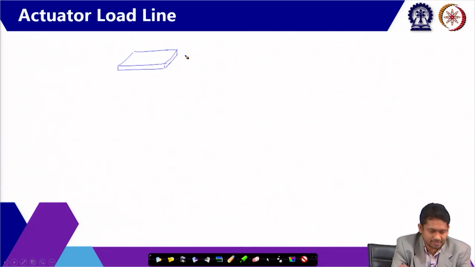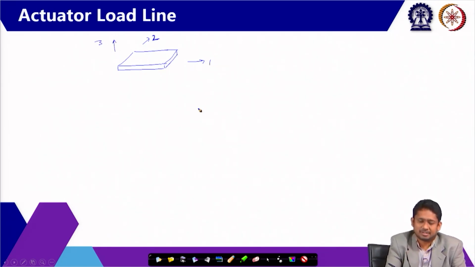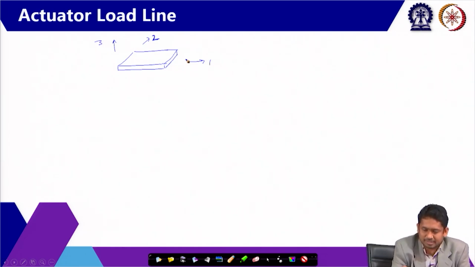So, if I apply an electric field, suppose this is direction 1, this is direction 2, this is direction 3, and to keep things simplified we are concerned with direction 1. So, we are giving the actuation in direction 3, but we are getting the result in direction 1.